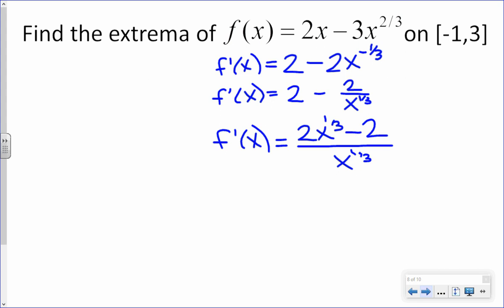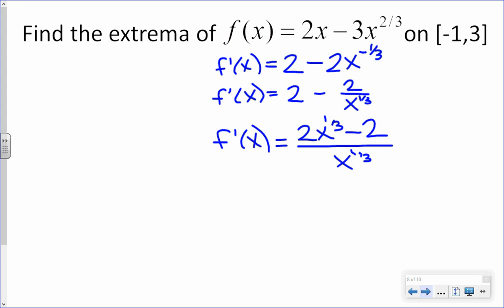If I make common denominators, yes, sir, just set it equal to 0 and have it be 2 minus 2 times 1 over the cube root of x, and then it is the cube root of x equals 1. The only thing I don't like about that is you're not looking at where the derivative is undefined.